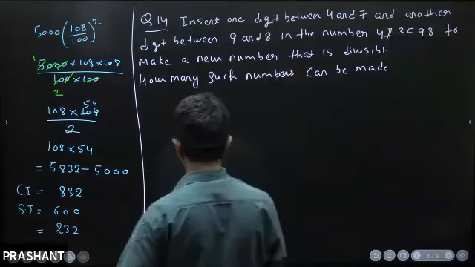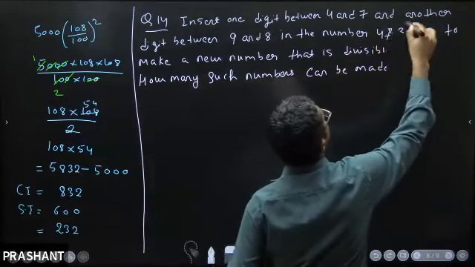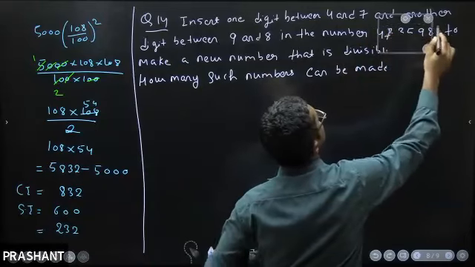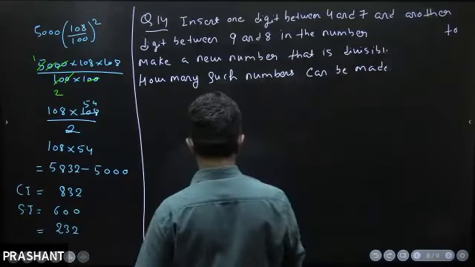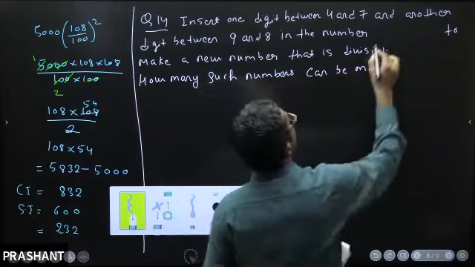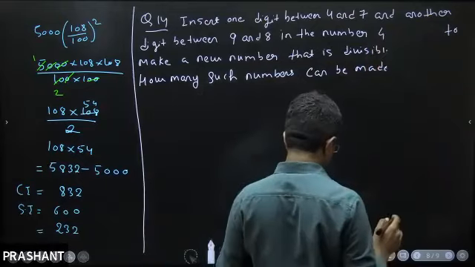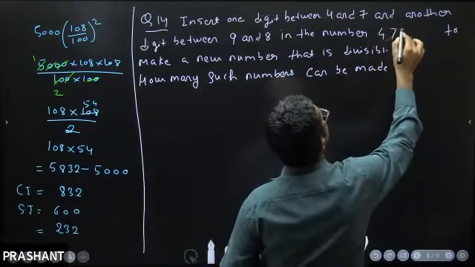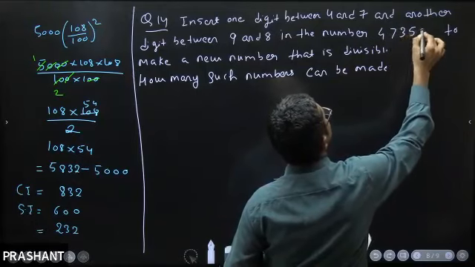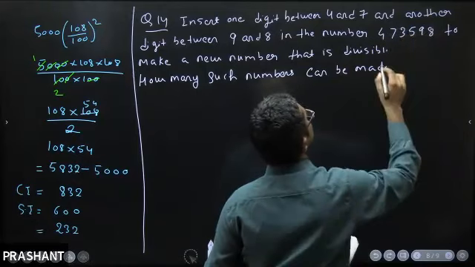नंबर दिख रहा है आपको? So number is 4, 7, 3, 5, 9, 8.